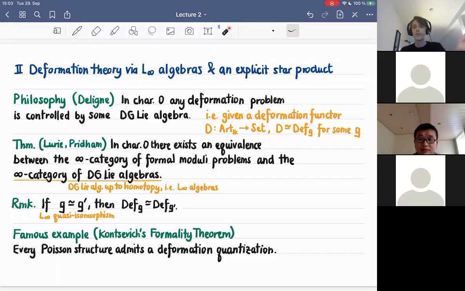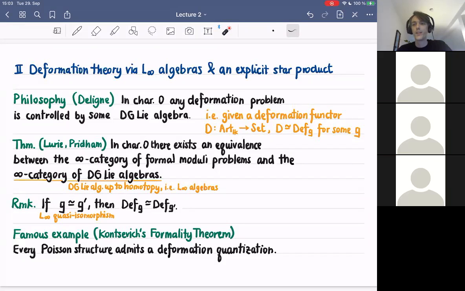Right. So in the first talk, I talked about reduction systems and said that this will help us describe deformations of associative algebras by giving a choice of a k basis of the algebra.